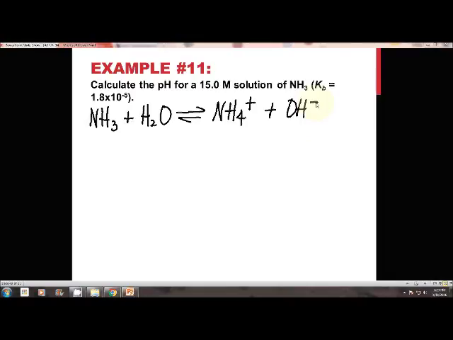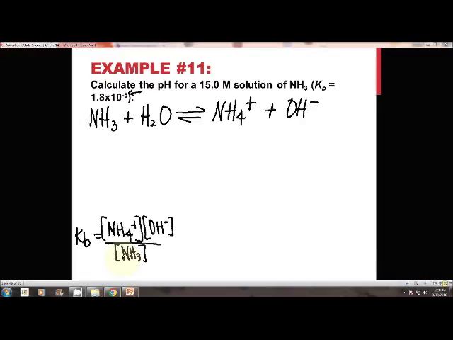Water is a part of that, but because the Kb has a -5, we can just assume that all of the hydroxide is being produced mainly by the dissociation of the ammonia. So we're going to use the ammonia instead. Our Kb expression is going to be NH4 times OH over the NH3. Remember, water is a liquid, so we don't include it.